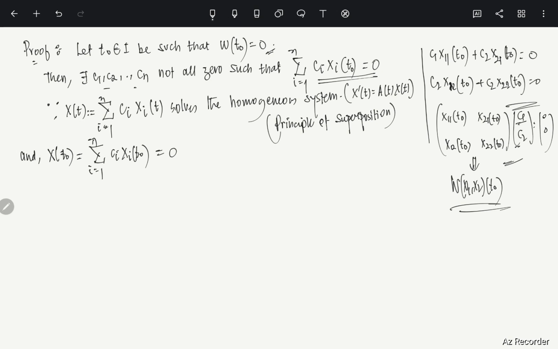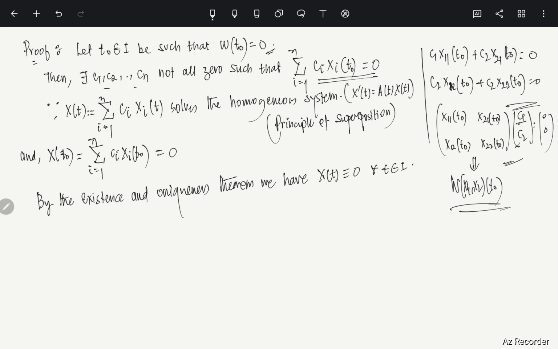So by the existence and uniqueness theorem, Picard basically, we can guarantee that x of t is identically equal to 0 for all t in I.